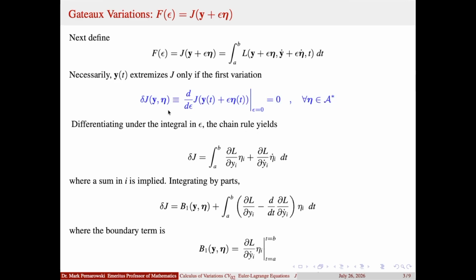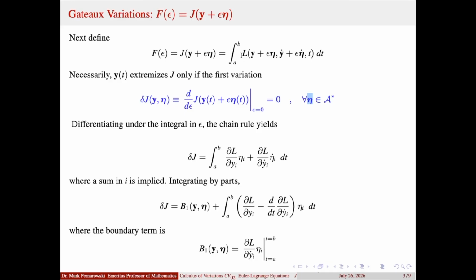What does it say? It says the first variation of J at y in the direction of eta, defined to be this derivative at 0, has got to be 0 for every single admissible variation. That's if we want y to be an extremum. Min, max, etc.